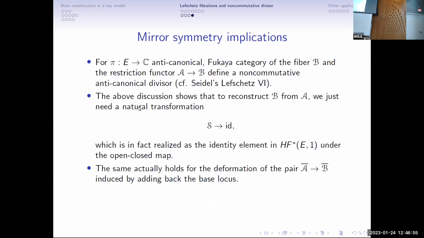So what I said before not only works in the exact setting, but also works in the non-exact setting. The construction here is, if you look at an anti-canonical tensor cooked up out of some kind of affine manifold, let's just blow up the base locus, and then we remove the fiber over infinity.